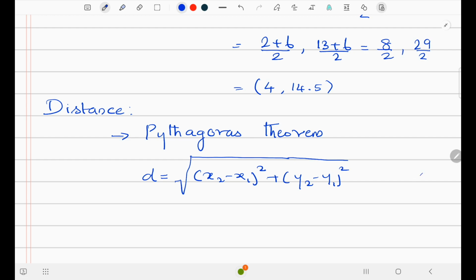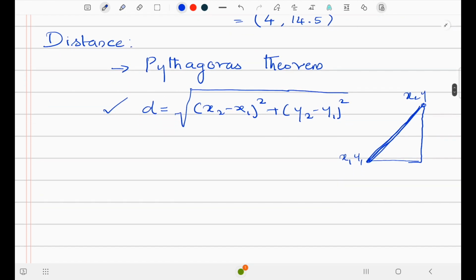So if we have some distance between 2 points, x1 y1 and x2 y2, and we make this a right angle triangle, then the hypotenuse is the distance. This is the hypotenuse. You will learn this hypotenuse in the higher classes.